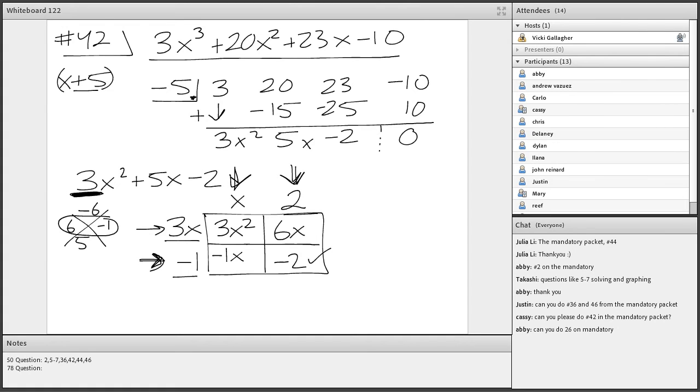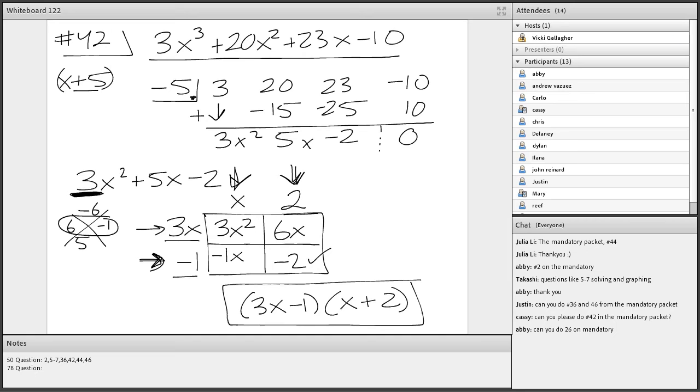And then this would be my final answer. So I have 3x minus 1 and then x plus 2. And those are the other factors. All right, that was 42. So we are up to number 26 now.